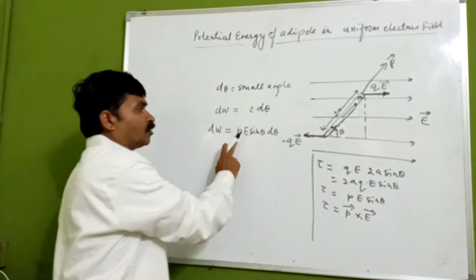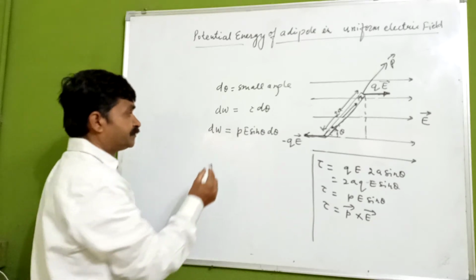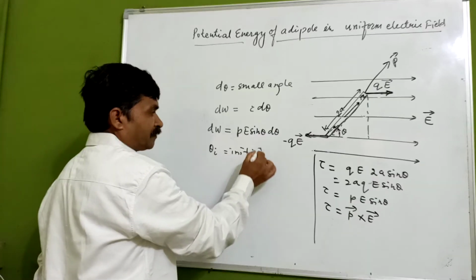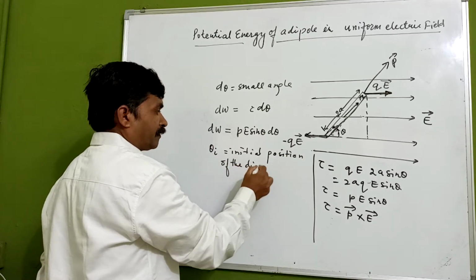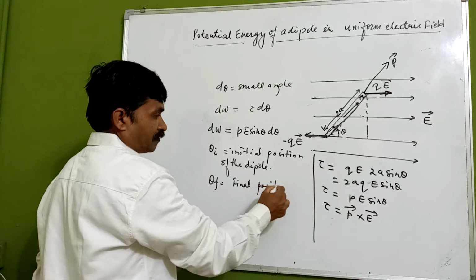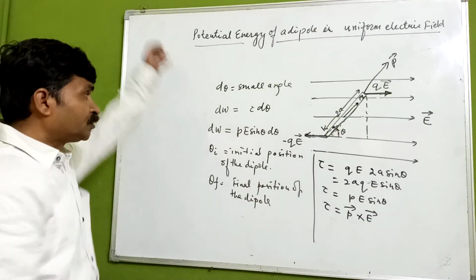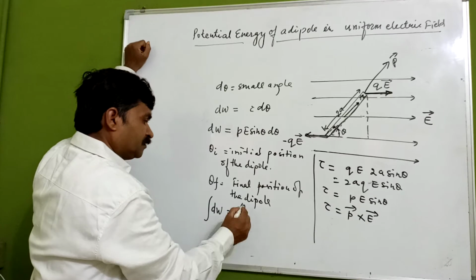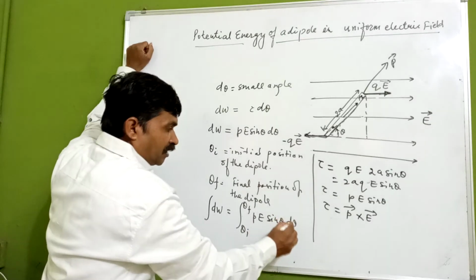Now if we want to know the total work done, suppose the dipole moves from an initial orientation theta i to a final orientation theta f. The total work done is the integral of dW from theta i to theta f of pE sine theta d theta.